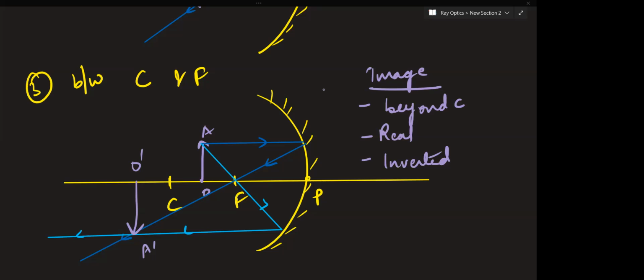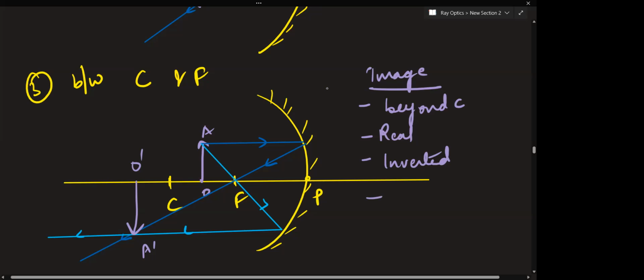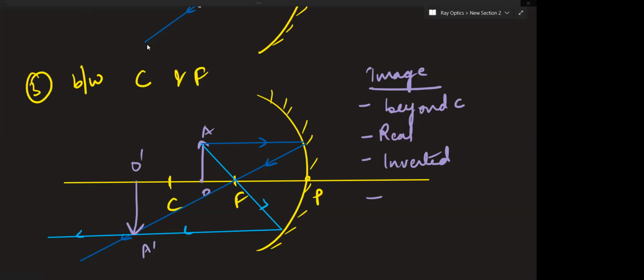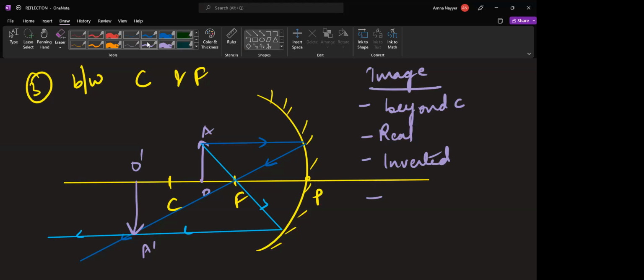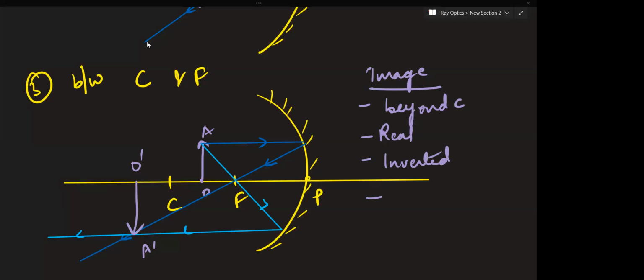Hamza, can you tell about the size of the image that is formed? Is it larger than the object, exactly the same size, or smaller? Fatima, can you tell? It's bigger. Exactly.